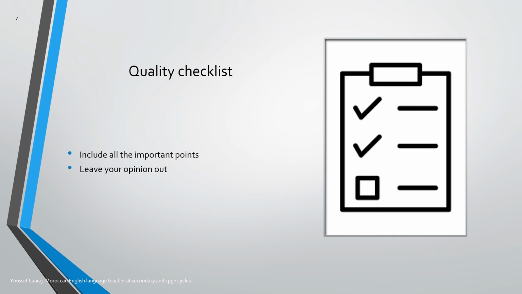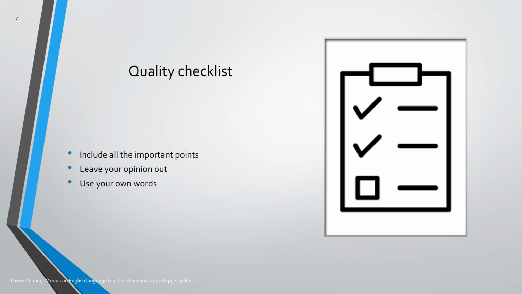Make sure also that you leave your opinions out. As we said before, in a summary you don't have the right to interfere. You must be distant. Use your own words. This is summary. This is paraphrasing. Use your own words.